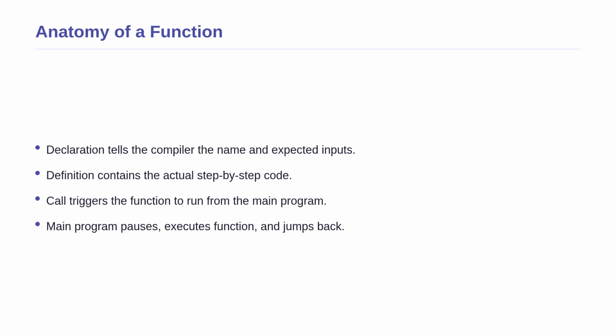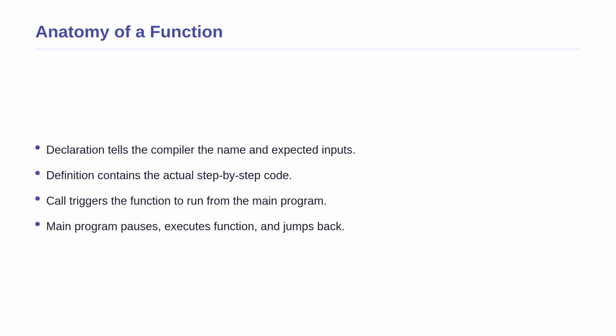Now that we understand what a function is conceptually, let us look at how it is structured. Every user-defined function consists of three main parts. First is the declaration, which simply tells the compiler the function's name and what kind of inputs it should expect.